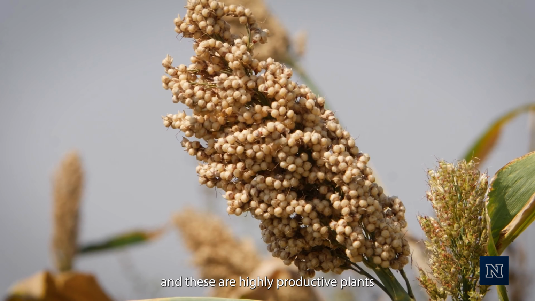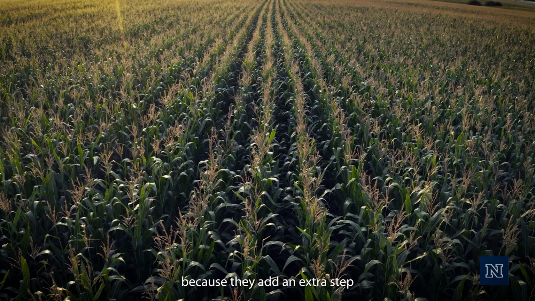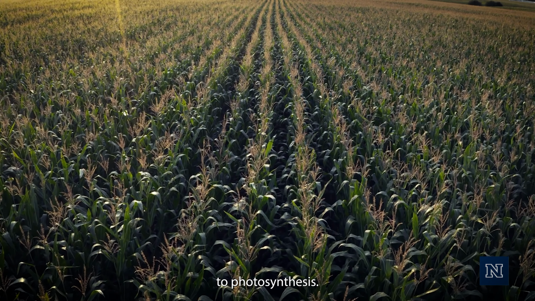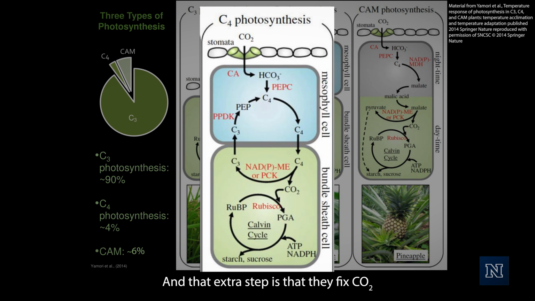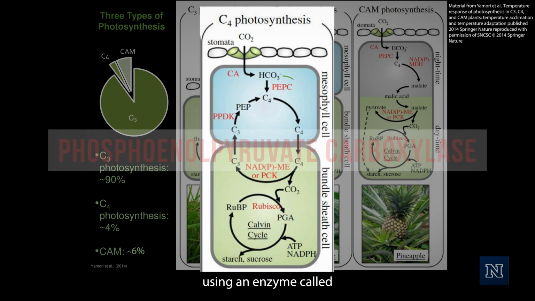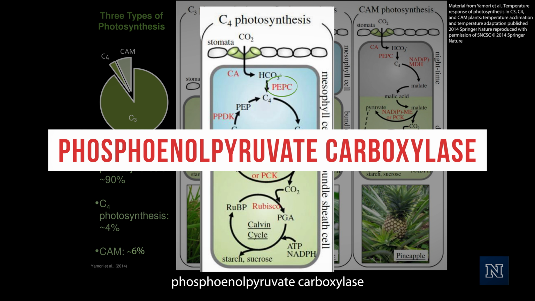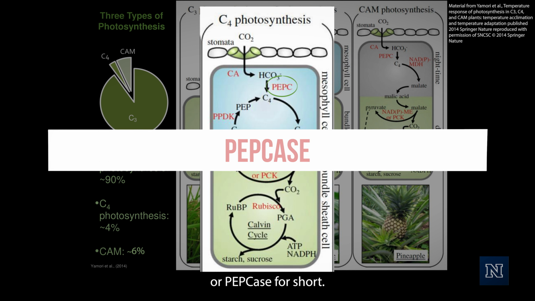And these are highly productive plants because they add an extra step to photosynthesis. And that extra step is that they fix CO2 through an initial carboxylation reaction that fixes CO2 into C4 acids using an enzyme called phosphoenol pyruvate carboxylase, or PEPcase for short.